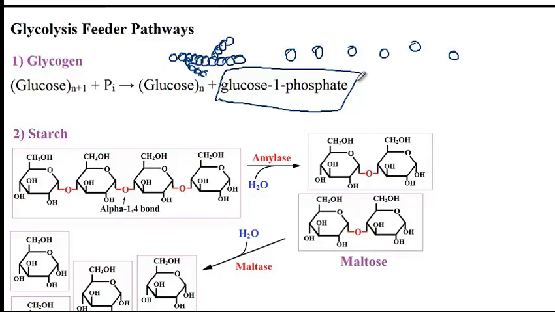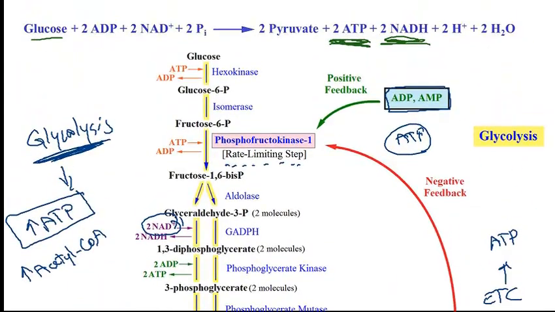So glycogen is the first one, where conversion of glucose 1-phosphate via phosphoglucomutase. Again, don't worry about the name, I'm going to cover them all separately, but conversion of glucose 1-phosphate via phosphoglucomutase into glucose 6-phosphate will give us an intermediate molecule that can now enter the glycolysis pathway.